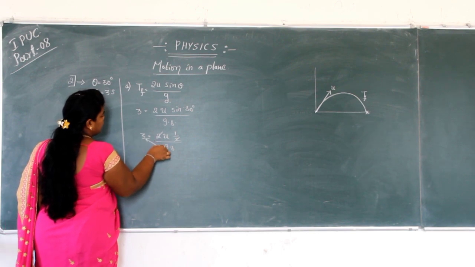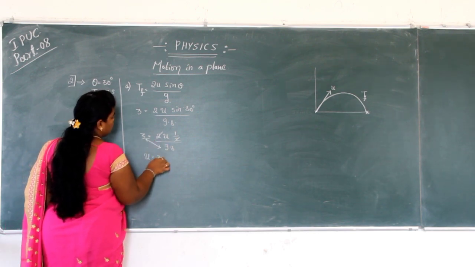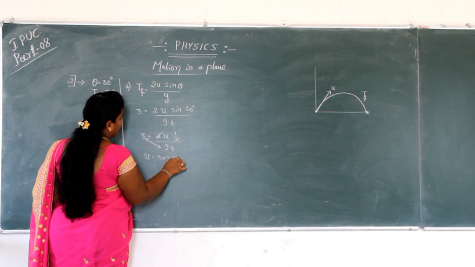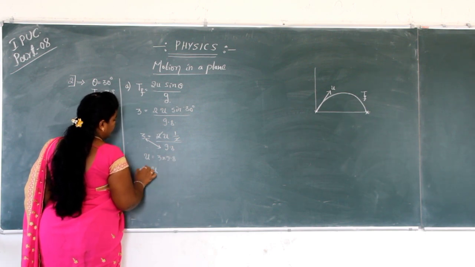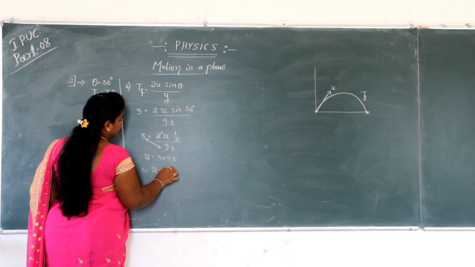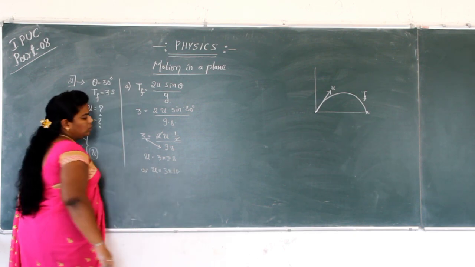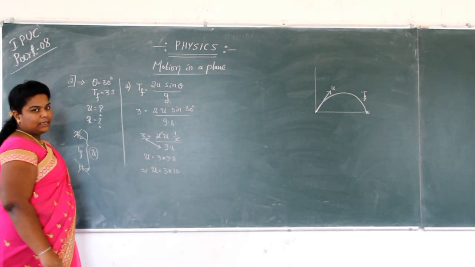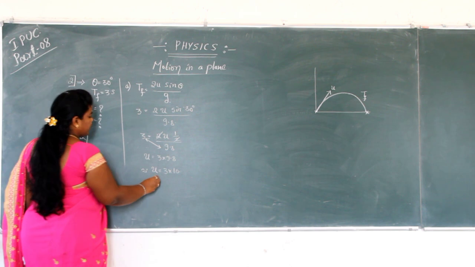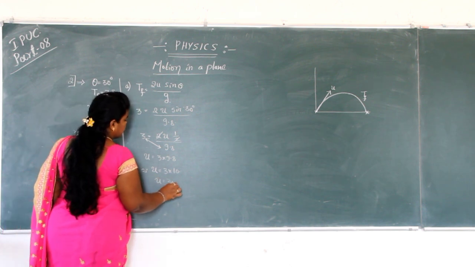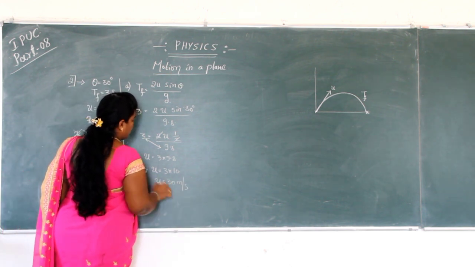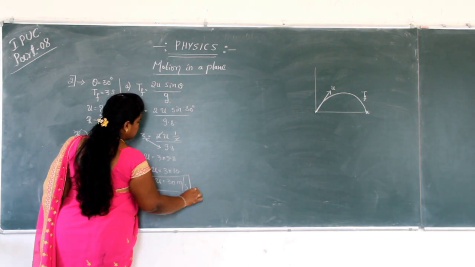So cross multiplying, U is equal to 3 into 9.8. You can take this 9.8 as nearly equal to 10, you can write 9.8 nearly equal to 10. So 3 into 10 becomes 30. So what is the SI unit for this? It is meter per second.